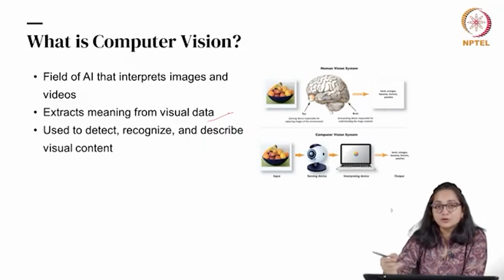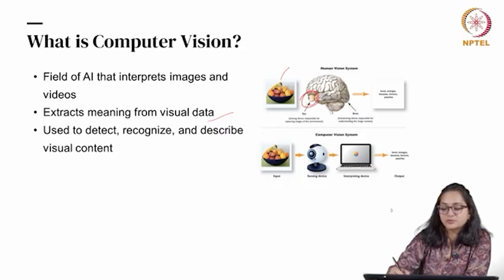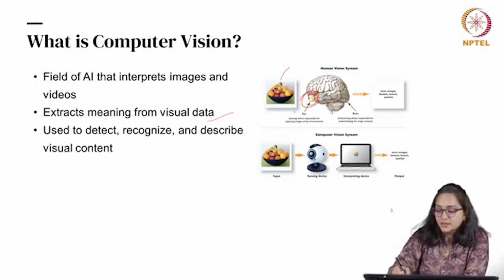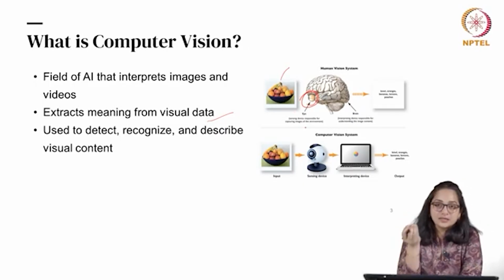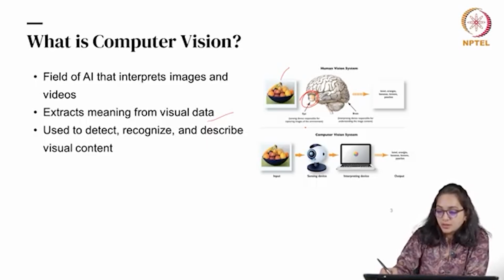So how a human perceives an image is that there is an image, you perceive it, interact with it through your eyes, where the eyes are responsible for sensing or absorbing, taking input the visual information, right?